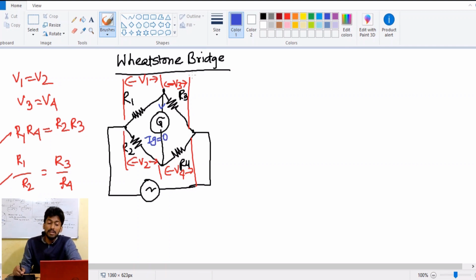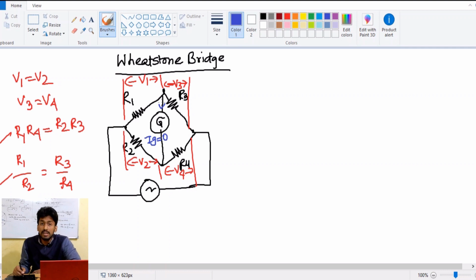And this principle is valid if and only if the balanced condition is reached. Whenever this balanced condition is reached, we can easily calculate any unknown resistances present on the bridge arms. This phenomenon is also valid for impedances.